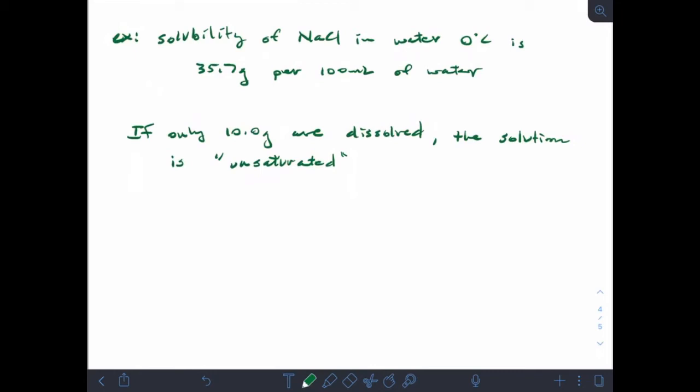So now the question becomes, you've already learned about the topics of will things dissolve, won't things dissolve. So let's talk about that. So will something dissolve? That is determined by the solute-solvent interactions. Those determine will it dissolve.